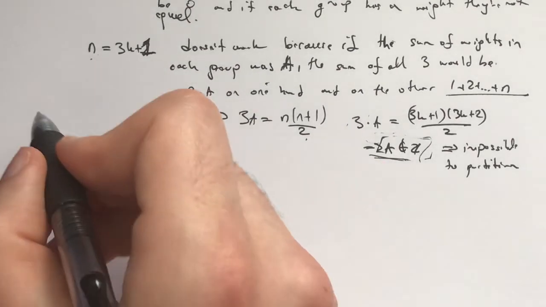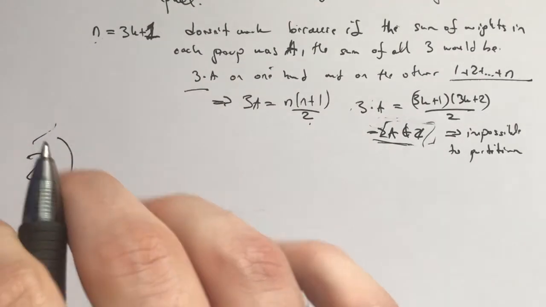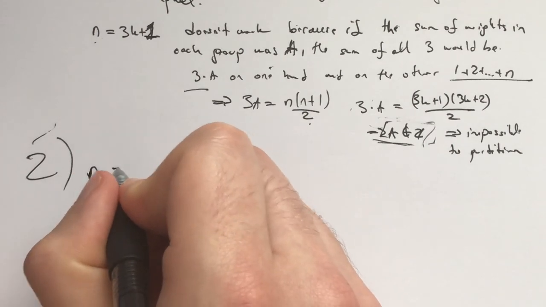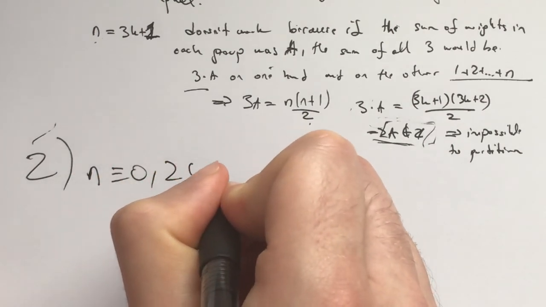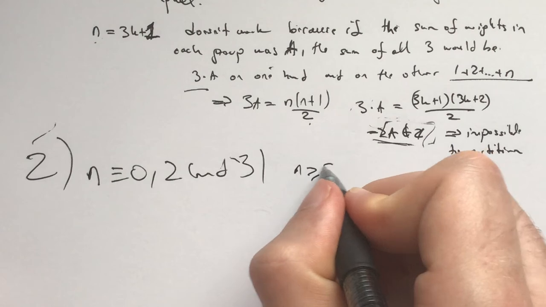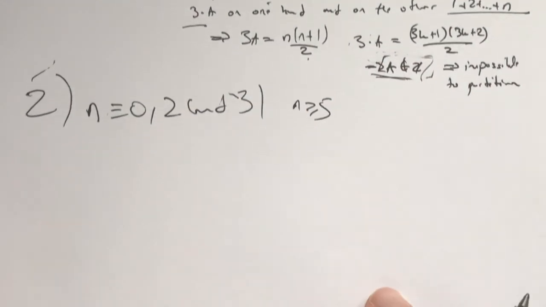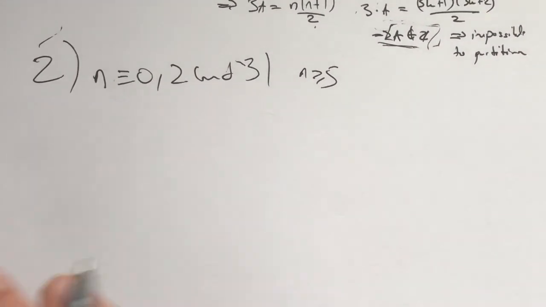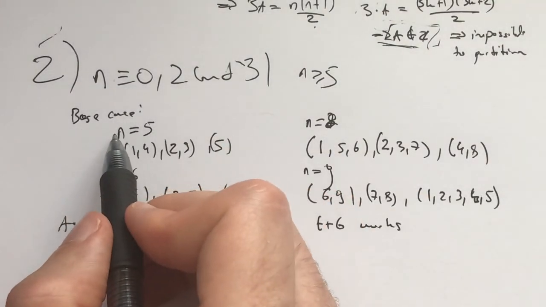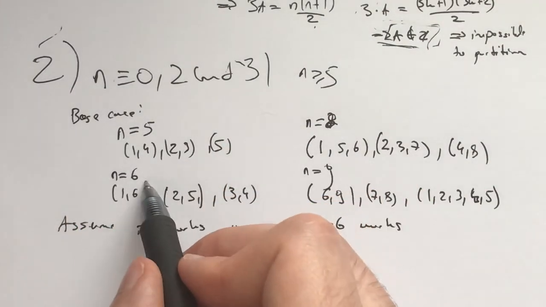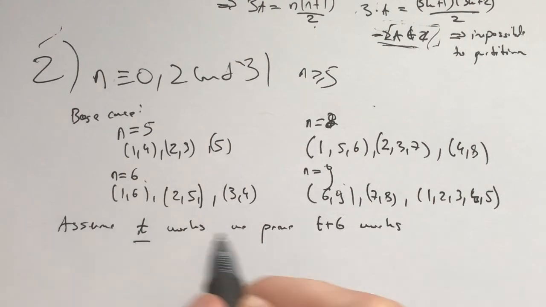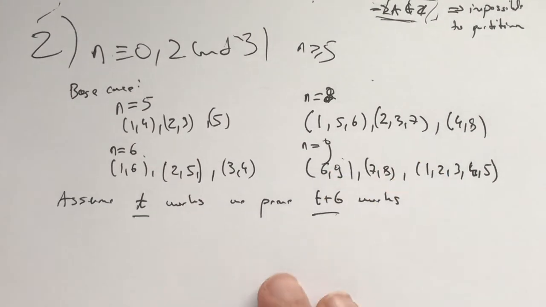And now we prove the possibility, namely that every n that's congruent to 0 or 2 mod 3 and greater than or equal to 5 works. We'll prove this inductively, and our base case is n equals 5, 6, 8, and 9. We assume t works and prove that t plus 6 works.